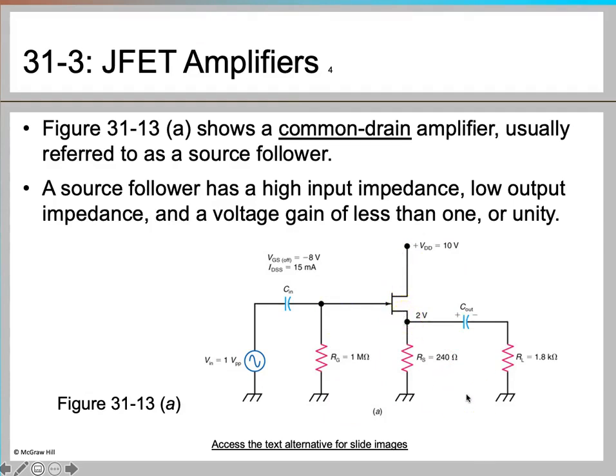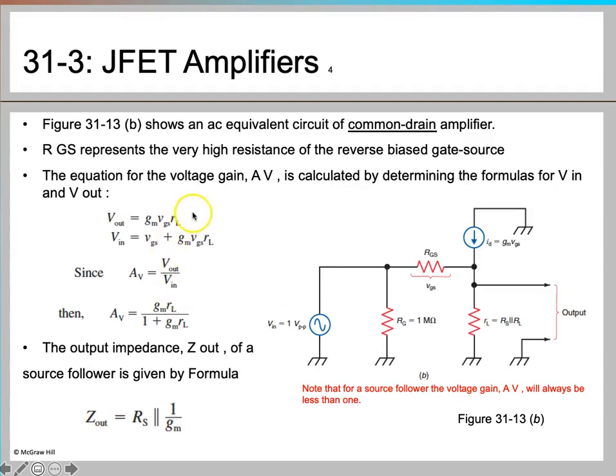Now let's see different equations to find the voltage gain for this particular circuit, and on the right you see the AC equivalent circuit of the common drain amplifier. This circuit is a little bit different from the AC equivalent circuit which you saw for the common source.